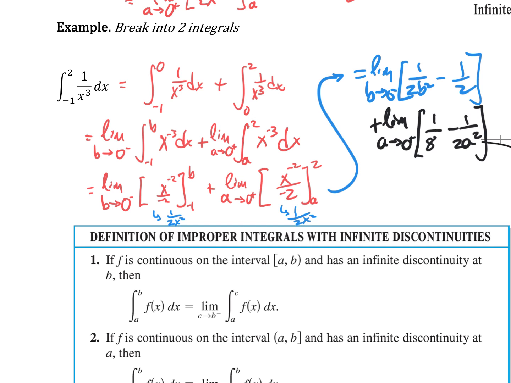Now, what happens when we find the limit? As b goes to 0, this is 1 over something really close to 0. This is blowing up. It is diverging. This is going to infinity, and the 1/2 doesn't matter. The second part, you plug in 0, this again is 1 over 0, and this is going to infinity also.